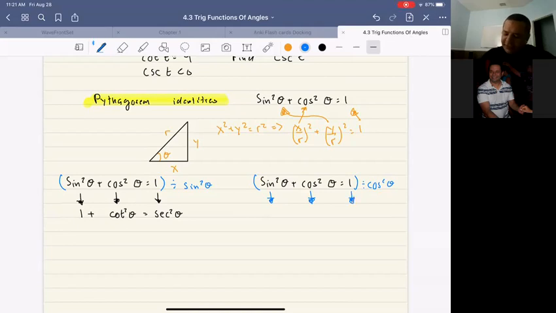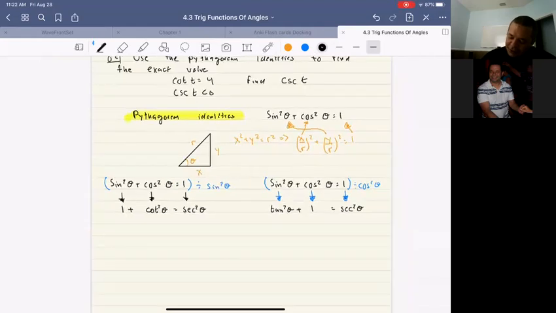The reason I use this one better has to do with some things in calculus involving derivatives. And that's where you're going to use a lot of this stuff. Okay, so you do use these identities quite often in your calculus classes when you take those. Okay, so sine over cosine is tangent. So this becomes tan squared of theta plus 1 equals secant squared of theta. Okay, so there we have our 3 Pythagorean identities.